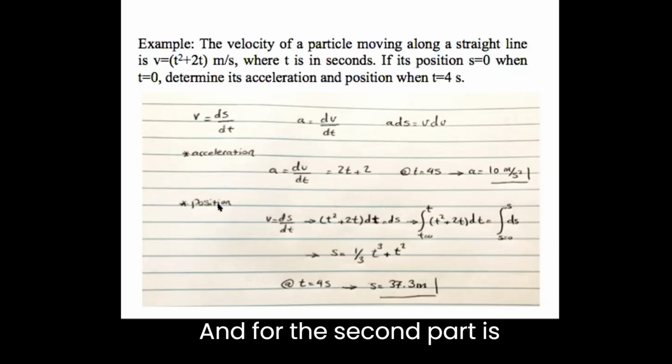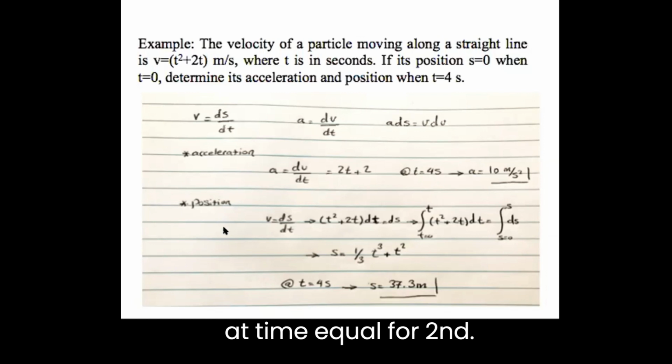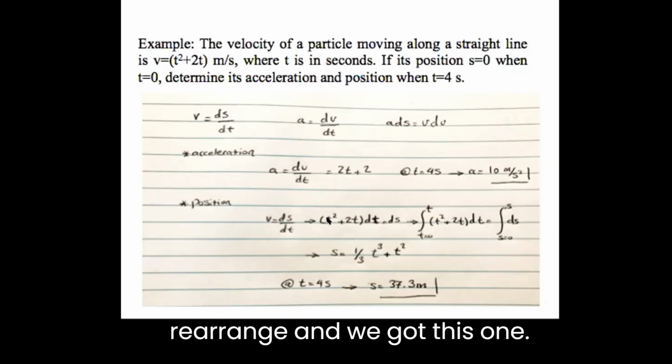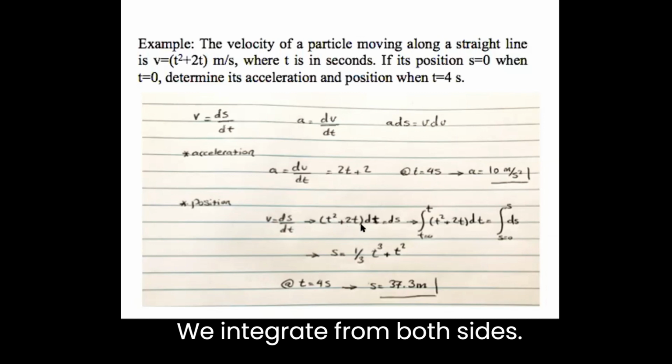And for the second part, we need to find the position of the particle at time equal 4 seconds. We use this formula, v equals ds over dt. We substitute v with the time function and rearrange, and we got this one. We integrate both sides.